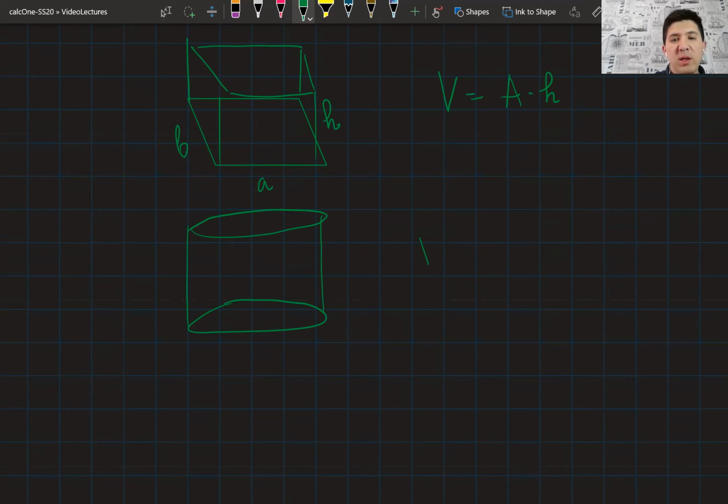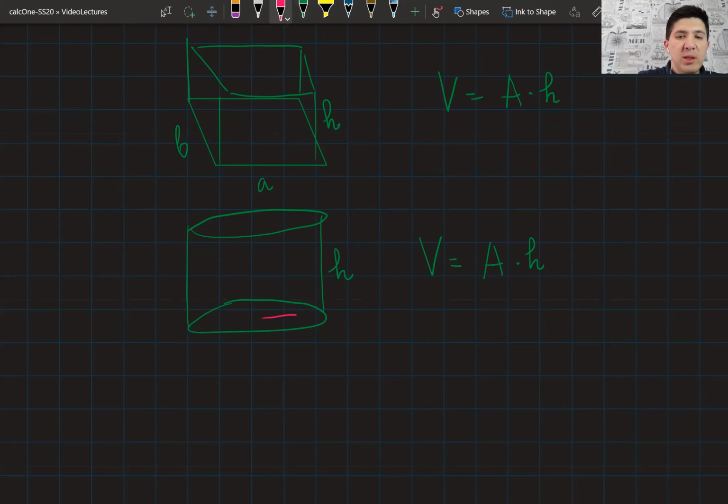Then the volume of the circular cylinder is the area of the base multiplied by the height. In order to find the area of the base, we need to know its radius, right? So the volume is going to be the area of the base multiplied by the height h.